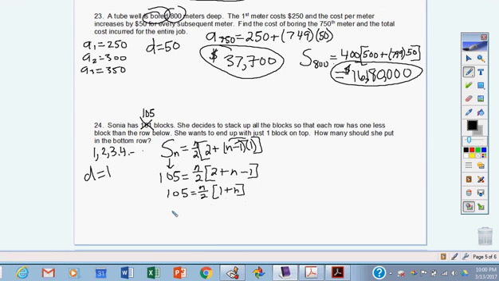Multiple ways I can do this. I like to multiply both sides by 2 to get 210 equals n times 1 plus n. And then we got 210 equals n plus n squared. And then we've done this 400 times this year, right? So n squared plus n minus 210 equals 0.